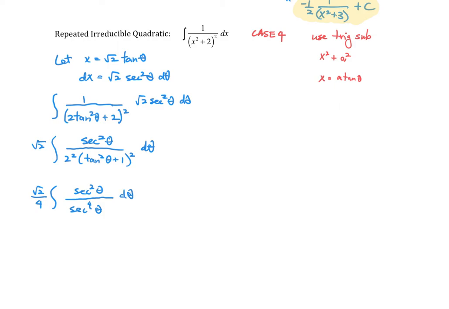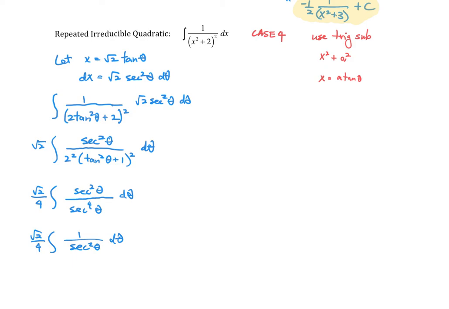All right. So things are going well. We can keep going here. Obviously, we could simplify. We have 2 powers of secant in the numerator, 4 powers of secant in the denominator. So this integral is going to become rad 2 over 4, the integral of 1 over secant squared theta d theta.